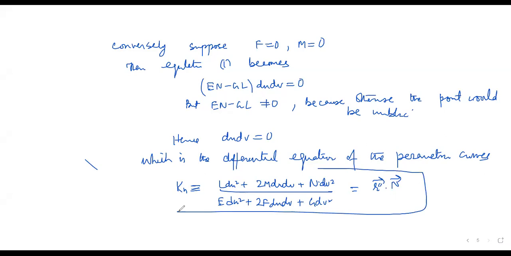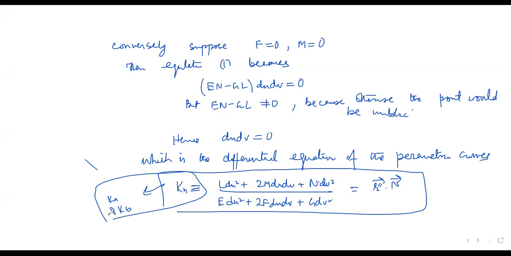This is our normal curvature, and its least and highest values at a point are K1 and K2, and they are both connected by what we call Euler's theorem, which we will do next. So Euler's theorem.